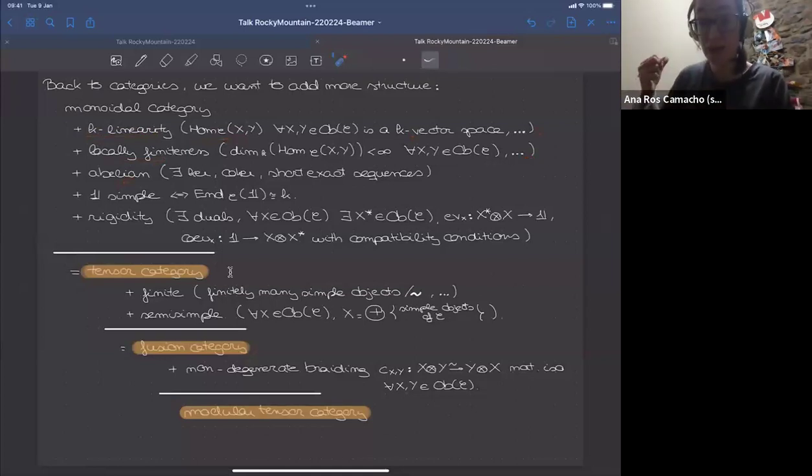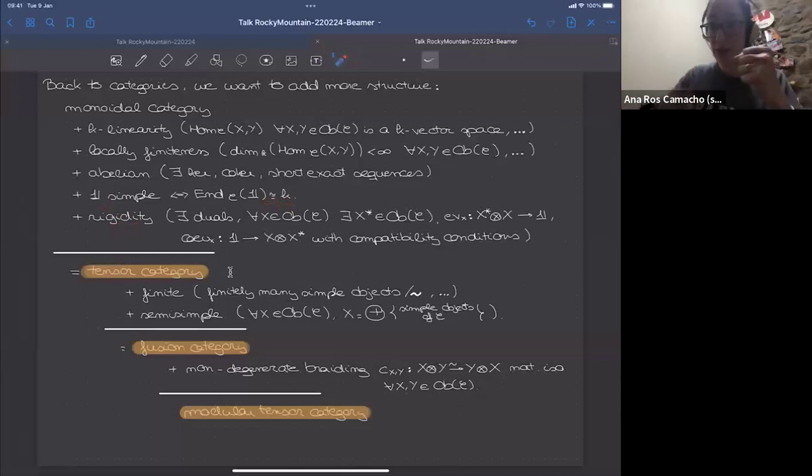Abelian means we have kernels and cokernels, so we can have short exact sequences in your category. So great. Then I assume that 1 is a simple object, so I cannot break it into smaller pieces, or equivalently, I can take the endomorphisms of 1, and this happens to be isomorphic to K. That's an extra condition. And then rigidity. That means that there exists the notion of a dual.